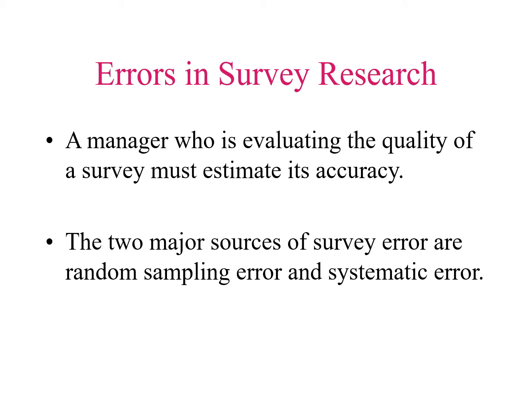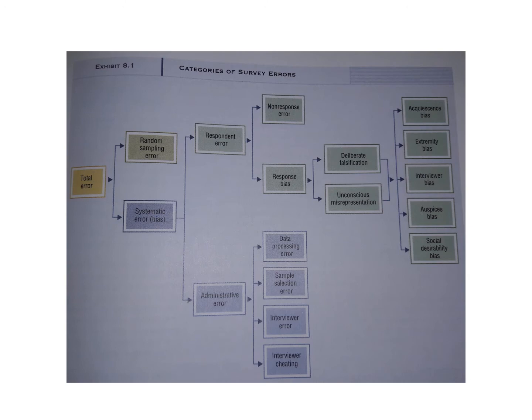Errors in survey research. A manager who is evaluating the quality of a survey must estimate its accuracy. The two major sources of survey error are random sampling error and systematic error. Exhibit 8.1 explains the categories of survey errors. If we start with the total error, we can see that total error has two categories: random sampling error and systematic error.